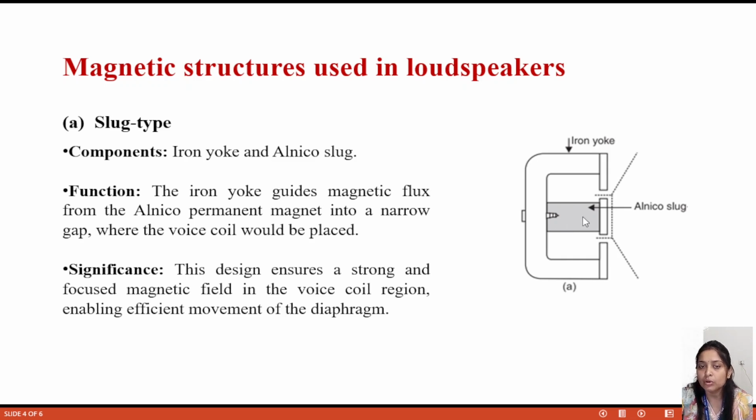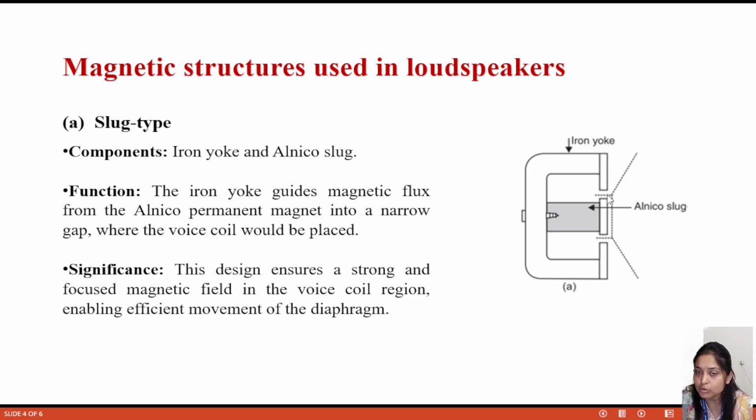What is the function? The iron yoke guides the magnetic flux generated from the alnico permanent magnet into a narrow gap where the voice coil would be placed. So there is an iron yoke, there is a permanent magnet, and around the permanent magnet there will be a voice coil, and there is a small air gap.